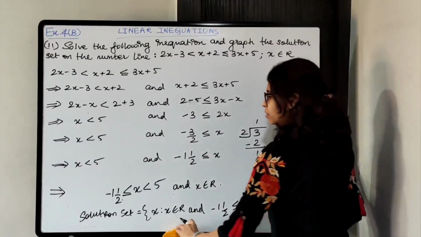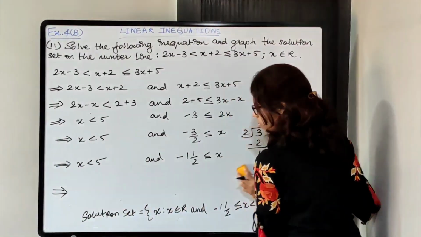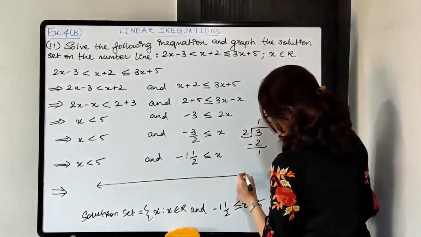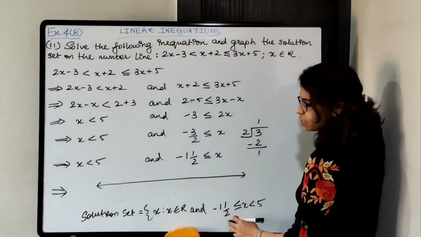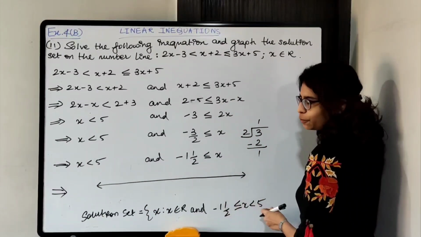Now we'll plot on the number line. So the range is minus 1.5 to 5, okay, minus 1.5 to 5.